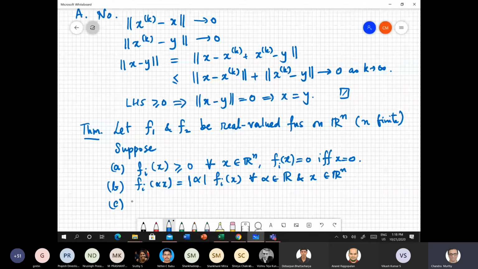And property C is Fi of x is continuous on R to the n. Notice that I don't require the triangle inequality, which is part of the definition of a norm. I just need these three properties, including this continuity property on R to the n.